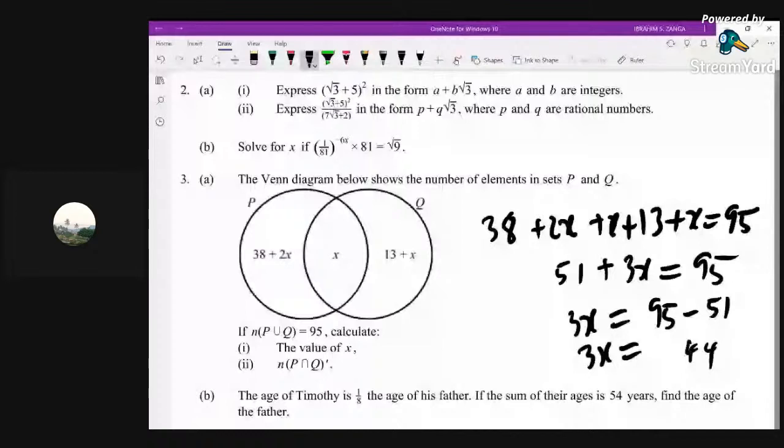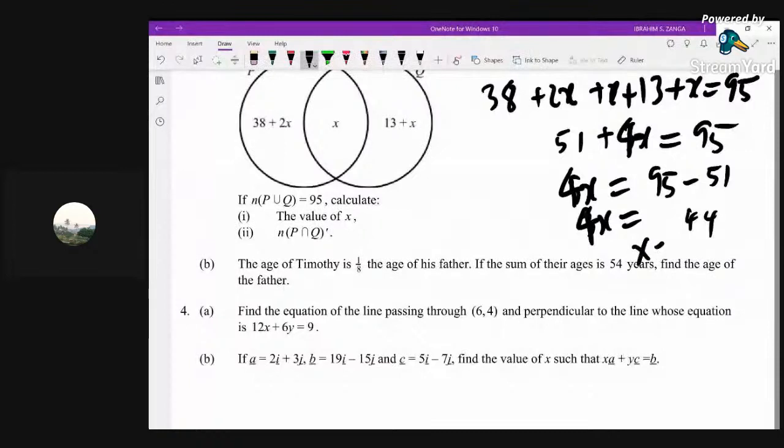So you have 38 plus 13, obviously 51, plus 3x plus x is going to be 4x, sorry. So it's going to be 4x. So 4x equals 44. And the result here, we are going to get x equals 44 over 4, which is 11.